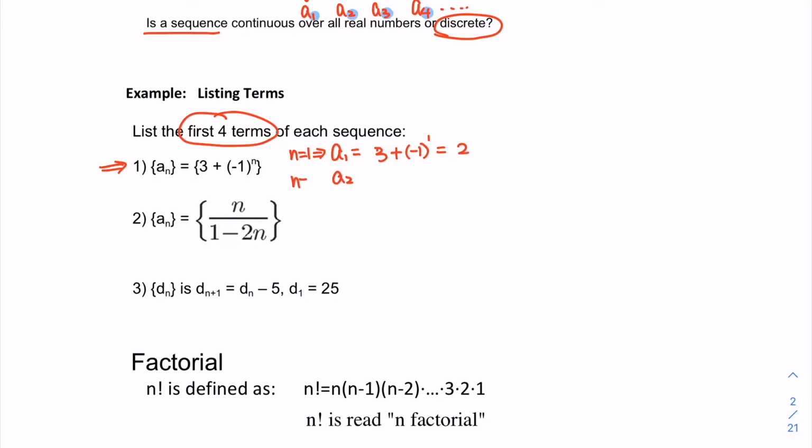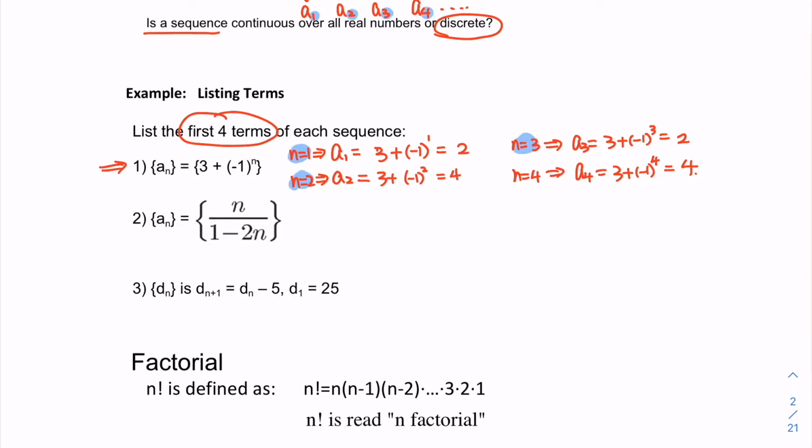A2, we plug in n equals 2, 3 plus negative 1 squared, gives us 4. Similarly, n equals 3 gives A3, 3 plus negative 1 cubed equals 2, and n equals 4 gives A4 equals 3 plus negative 1 to the fourth, which gives us 4. So these are the first 4 terms of this sequence.